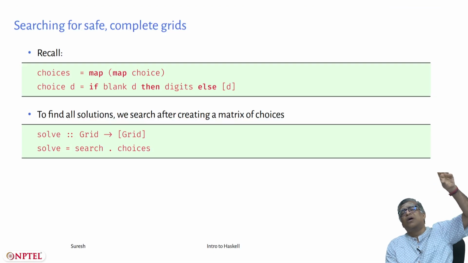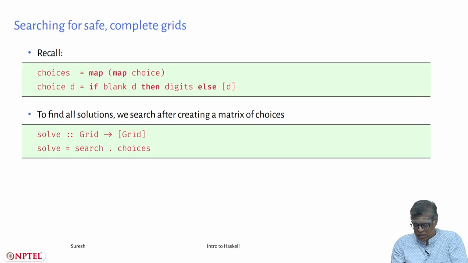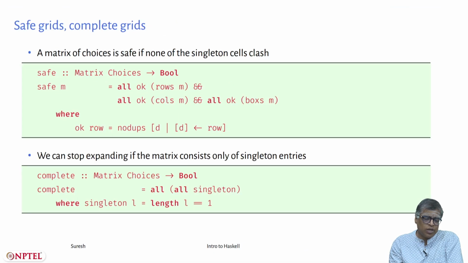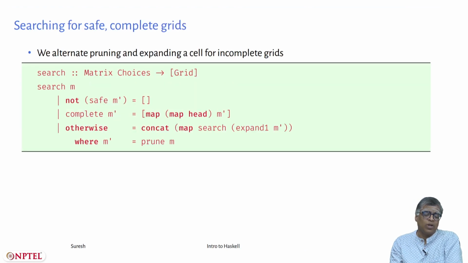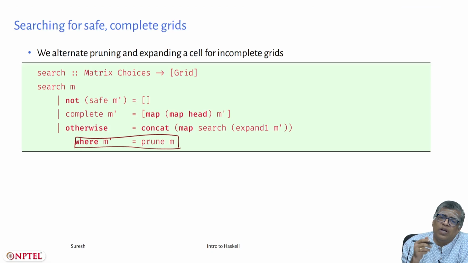So given any grid, it will find some valid complete grid extending this, and search is really that expand and safe. Search will first prune your matrix. After it has pruned, it will check whether it is safe or not.